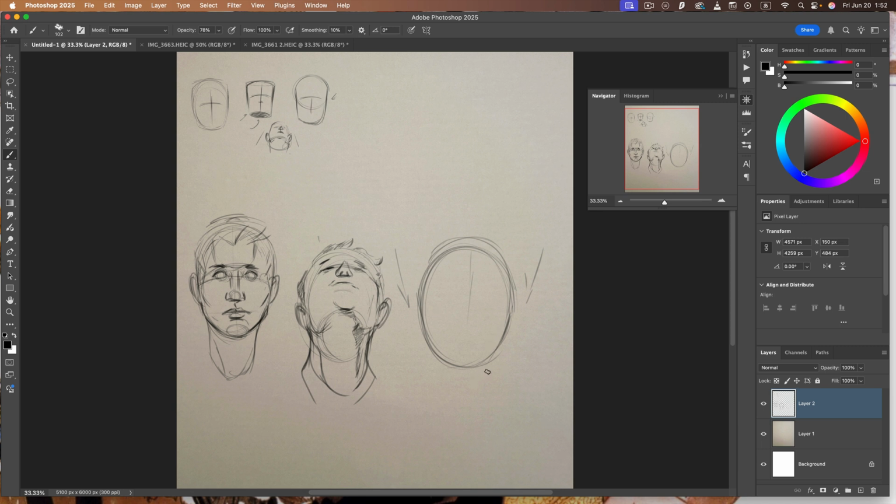Now you have to keep in mind, if we are looking at the head from the top, the head does have a little bit of an egg kind of shape to it. And I'm quite sure that the frontal part is a little bit larger than the back part, if I'm correct.